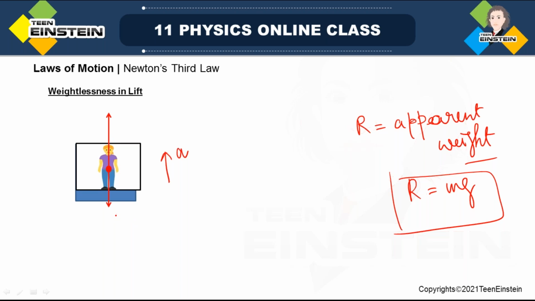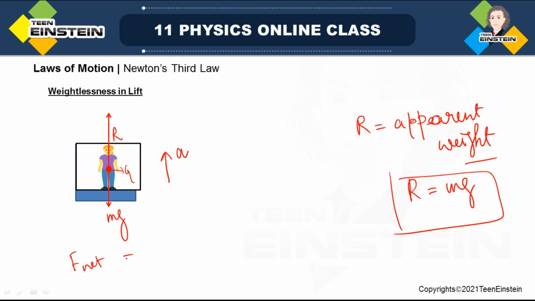In this case, look what happens when it moves upwards. This is mg, which acts through the center of gravity G, vertically downward, and the lift is moving up with an acceleration a. So what is the net force at this condition?